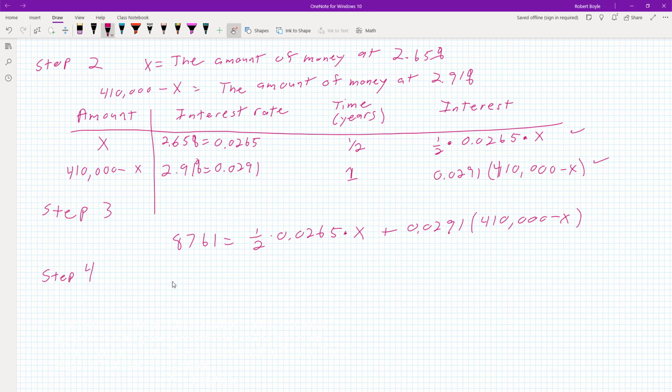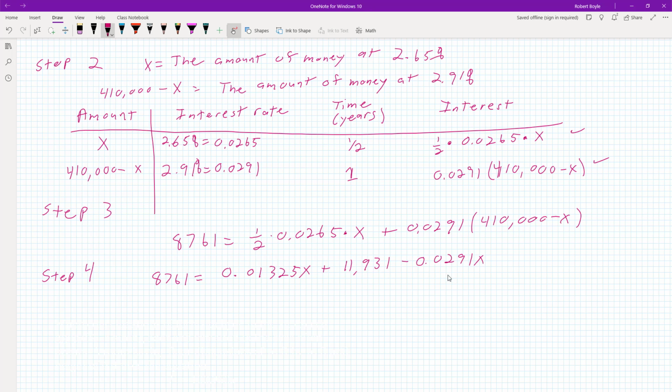If we do, we will have 8761 is equal to 0.01325x, so that's what you get when you divide that by 2, plus, it turns out that 0.0291 times $410,000 is $11,931, minus 0.0291x.